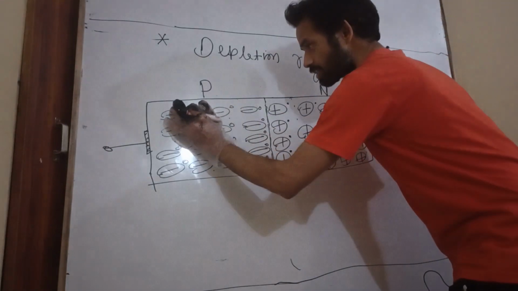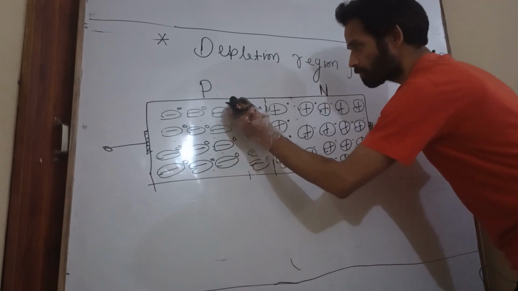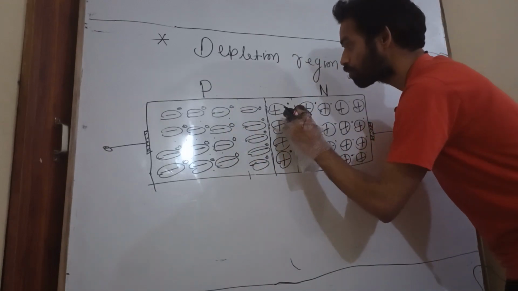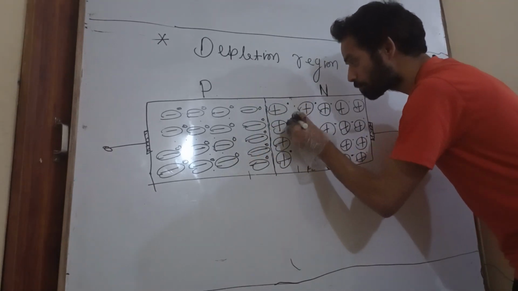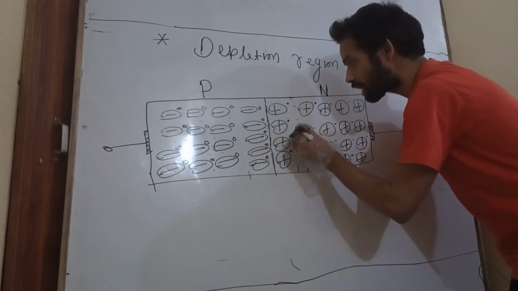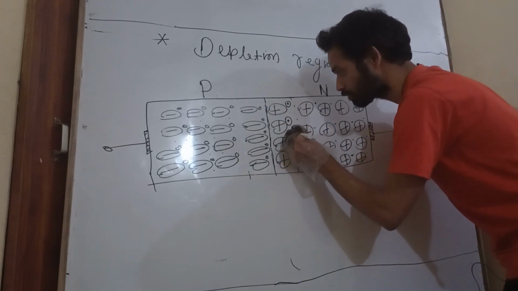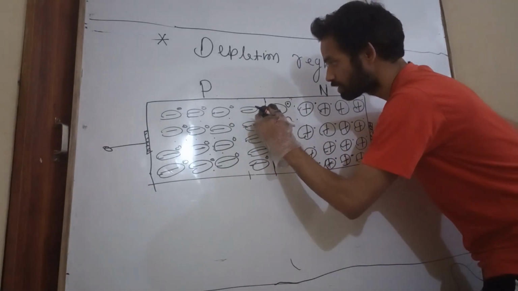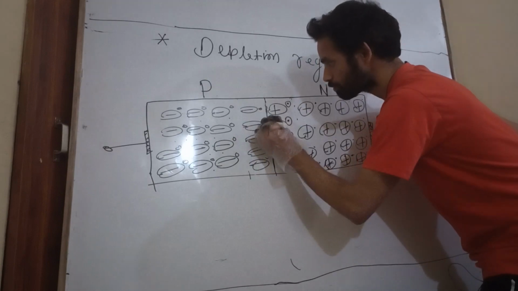As holes migrate from the P region to the N region, some of the holes will recombine with the majority charge carrier electrons. Some of these are holes.